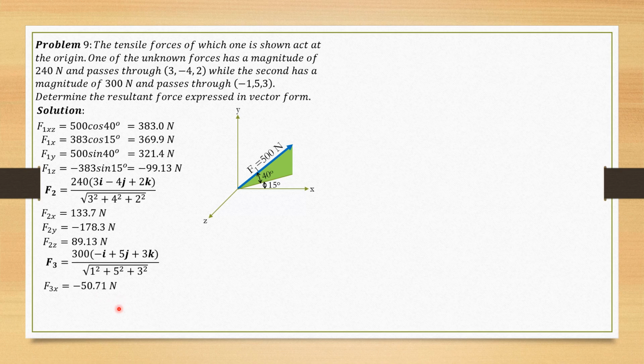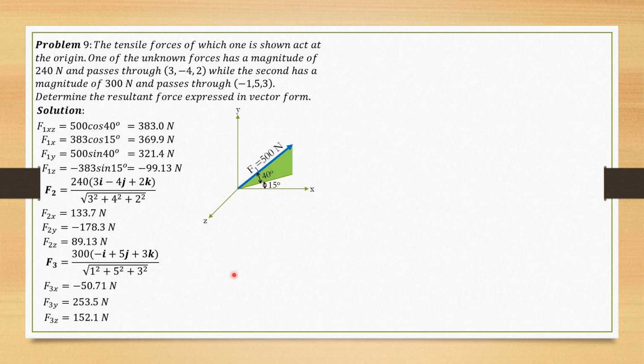So the x component is negative 50.71. F3y is 300 times 5 over square root of 35, and that is 253.5. Then F3z is 300 times 3 over square root of 35, and that would be 152.1 newtons.